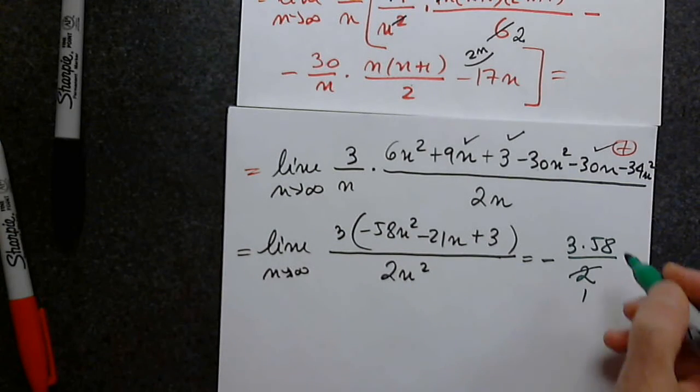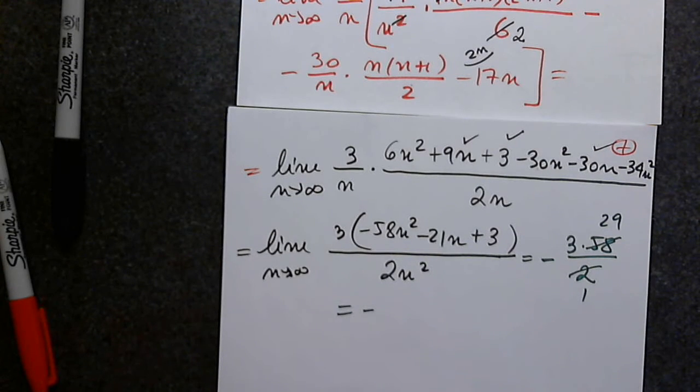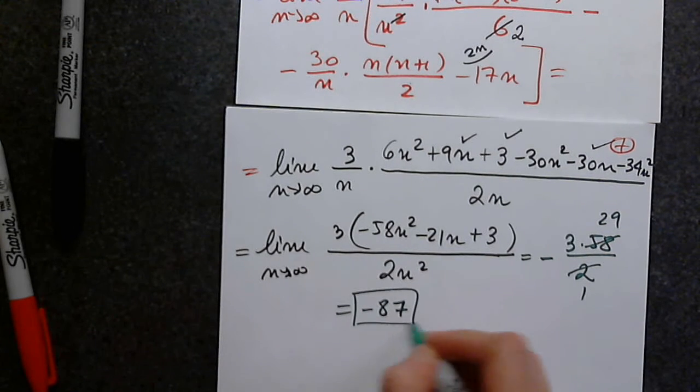So I will simplify and get negative... Is it 87? And this is the exact area.